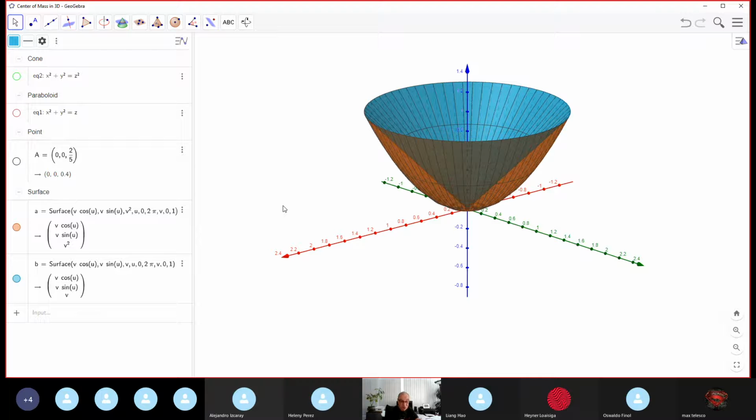Centroid is when the density is 1. But since the density is 10, it doesn't matter. It's also centroid. When the density is constant, it doesn't matter if it is 10, 100, or 1. There is a perfect coincidence between center of mass and centroid.